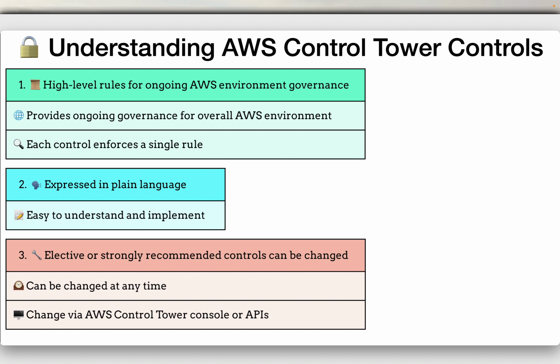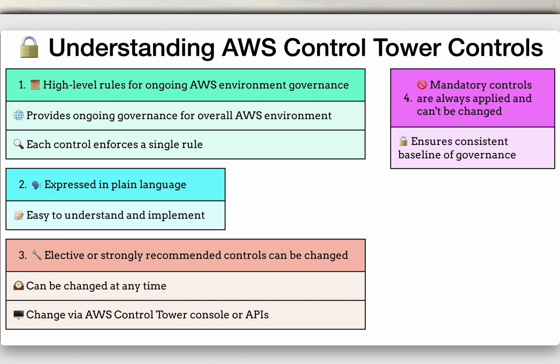You can change the elective (meaning optional, or you elect by yourself) or strongly recommended controls that are enforced at any time from the AWS Control Tower console or the AWS Control Tower APIs. Mandatory controls are always applied and they cannot be changed, ensuring a consistent baseline of governance.